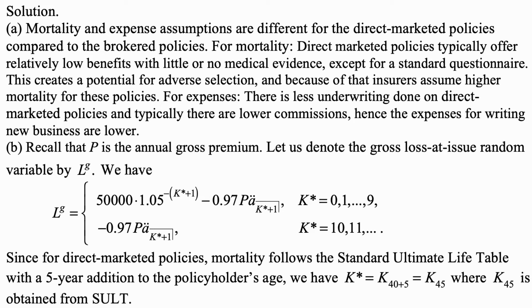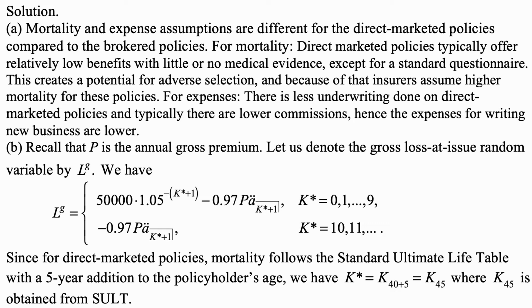For expenses, there is less underwriting done on direct marketed policies, and typically there are lower commissions, hence the expenses for writing new business are lower. And that's the reason why direct marketed policies are offered, because you cut the expenses significantly, and you hope that you will be able to handle mortality, which is very likely to be worse, and balance the two.